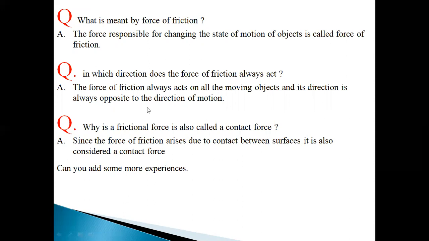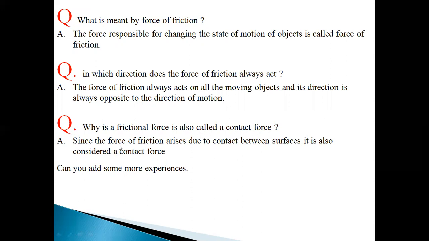Got it? Okay, children, when we walk, the ground's frictional force acts opposite to our foot, like that.